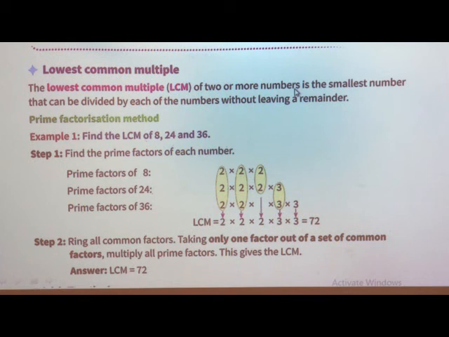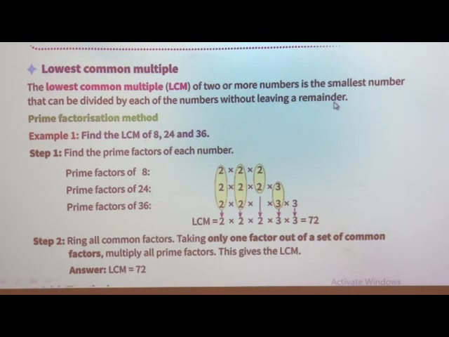Here we can have 2 or more numbers. It is the smallest number that can be divided by each of the numbers, again I will read, without leaving a remainder.